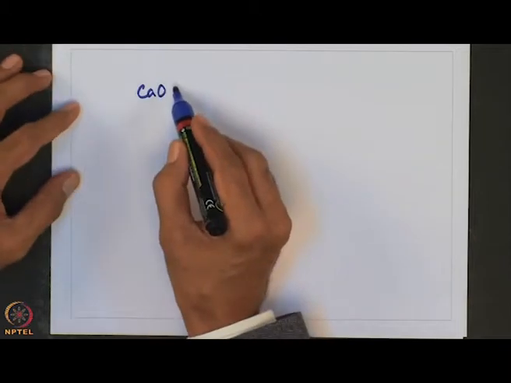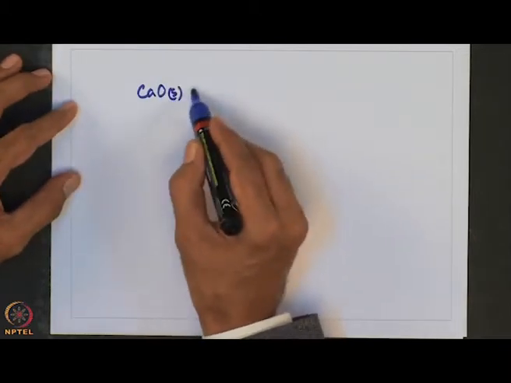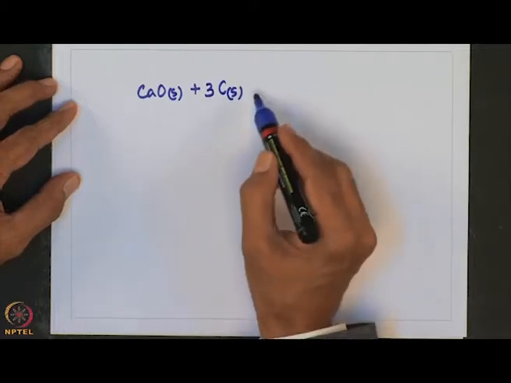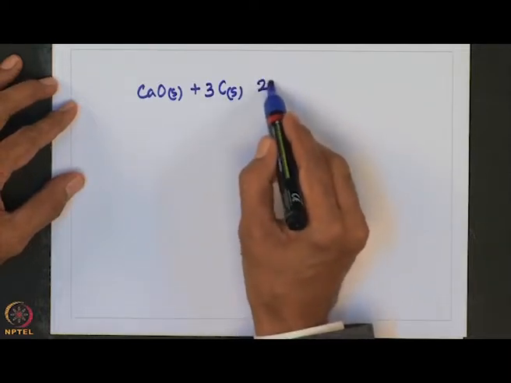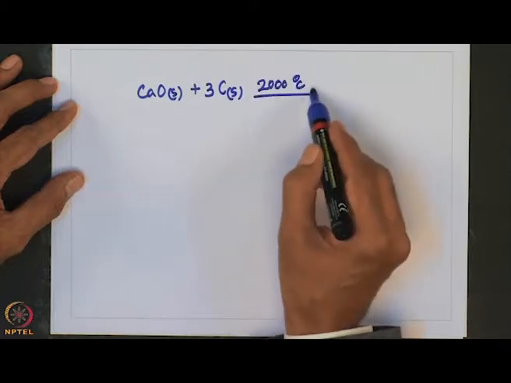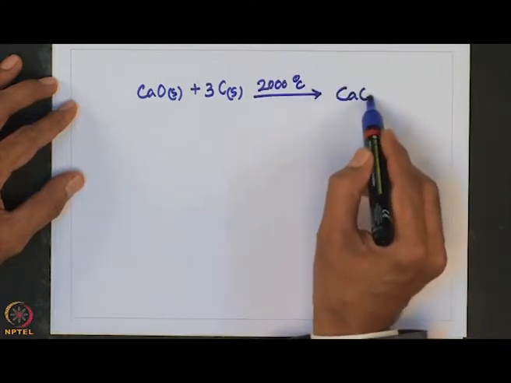Okay. Let us look into the reactions of metal oxides with carbon. Okay. So, that also leads to the formation of carbides. For example, if you take calcium oxide and treat this with carbon, essentially it is a reduction process, and that requires a very high temperature of 2000 degrees centigrade. It gives calcium carbide.